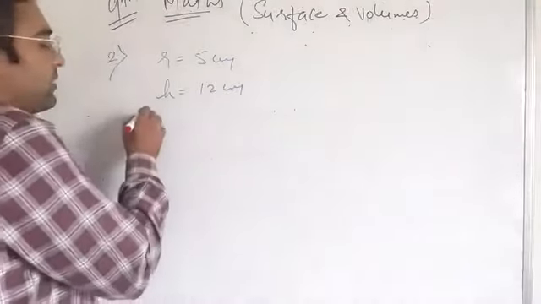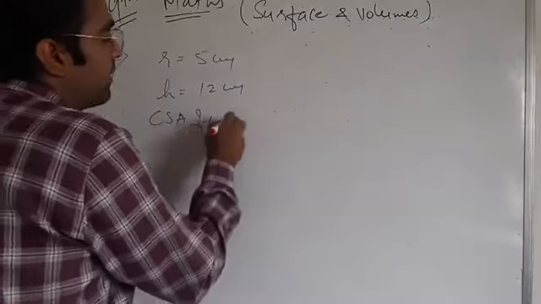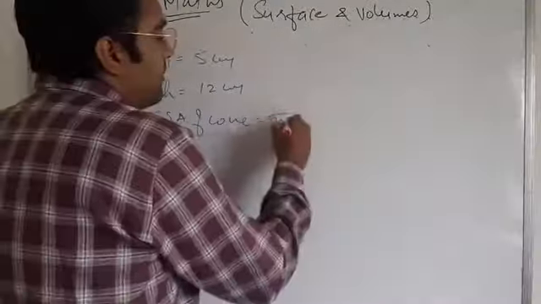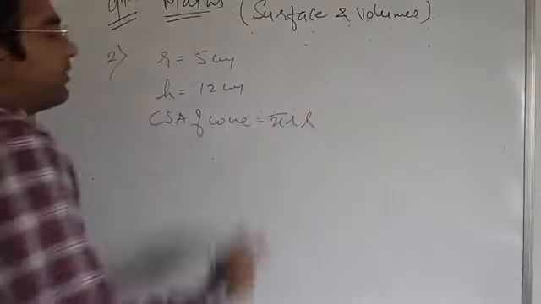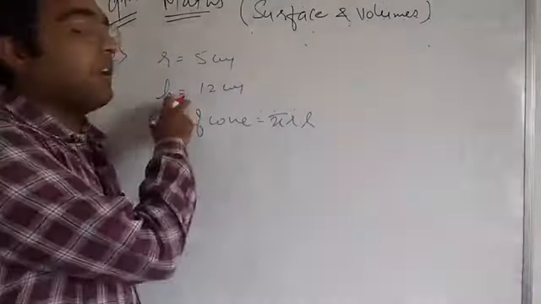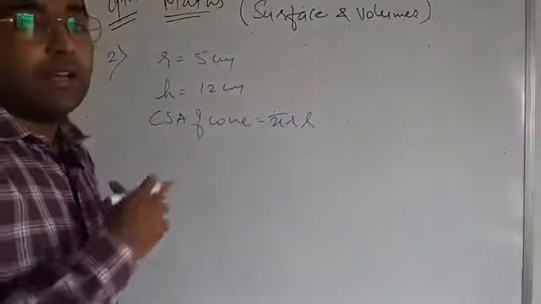They ask us to find the curved surface area of the cone. So the curved surface area of the cone is pi RL. Now I don't have the value of the slant height, it gives us the value of the vertical height. So how do we find the slant height?